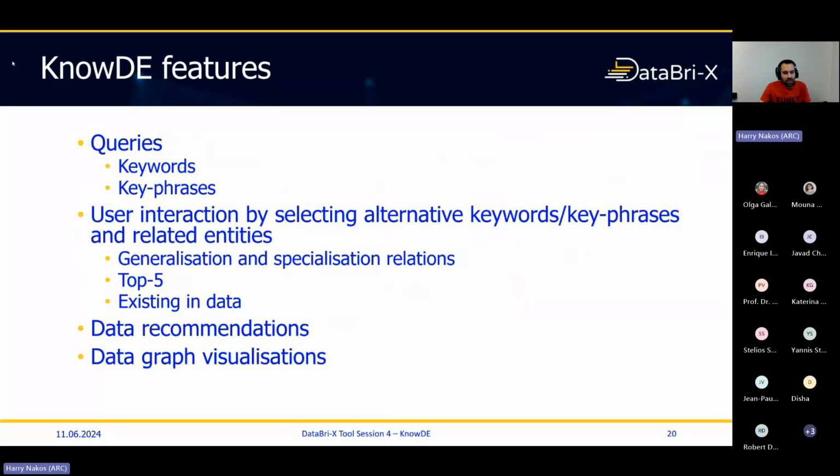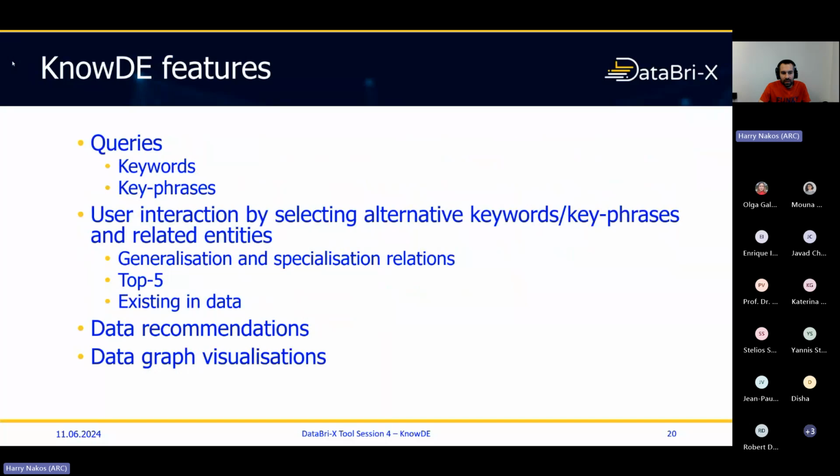And the relations supported are more general and more specialized terms of what the initial keywords and key phrases were. We focus on the top 5 terms for each keyword or key phrase.